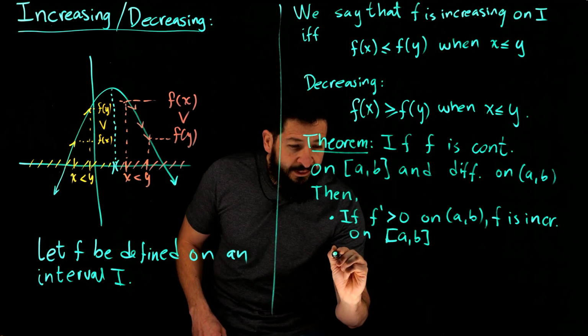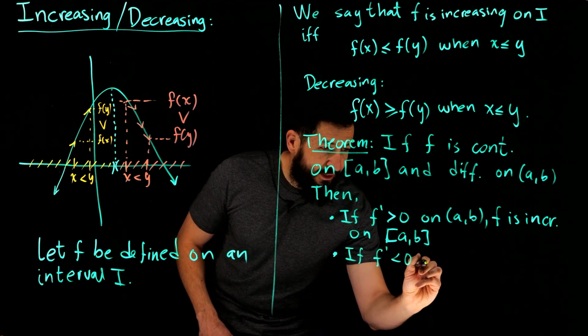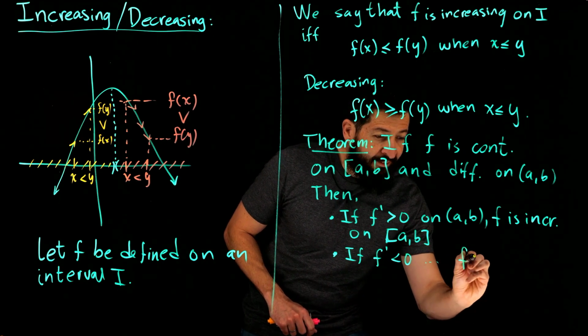Now for decreasing, if the derivative happens to be negative, the rest goes the same, then the function f is decreasing.